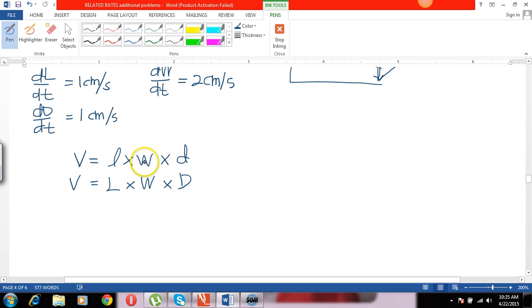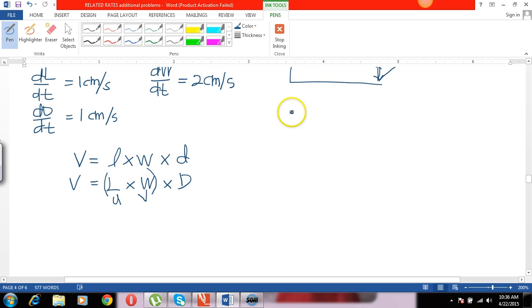But now we have three different variables. First of all, we have to find the differentiation of u times v first.